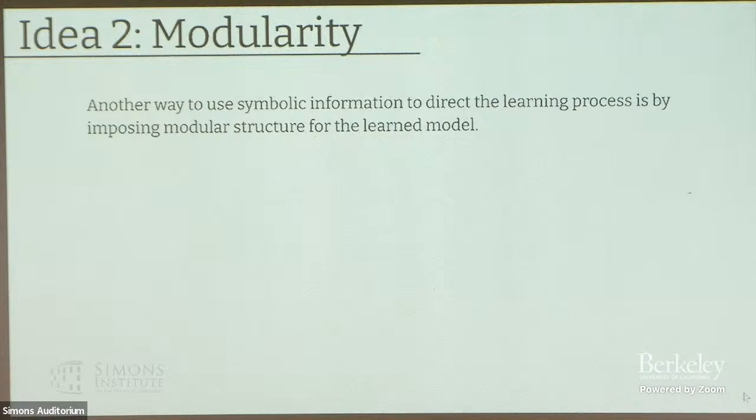Now, more broadly, when we talk about this symbolic guided deep learning, you might want to do this not just for the purpose of distillation, but as a goal in and of itself, in order to get a model that has properties that the original big monolithic neural network that you were training did not have.